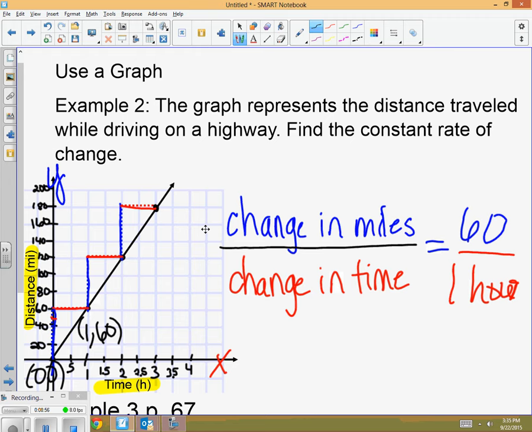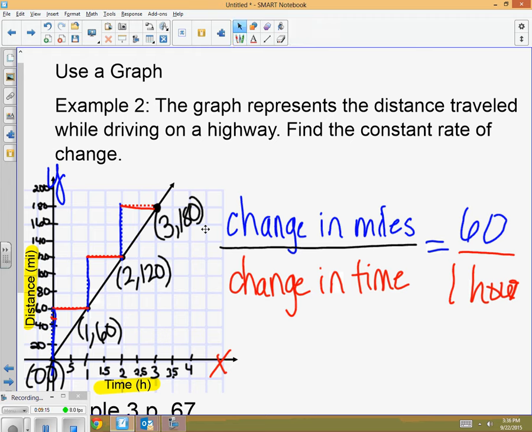The next point is 2, 120. And this third point up here is 3, 180.